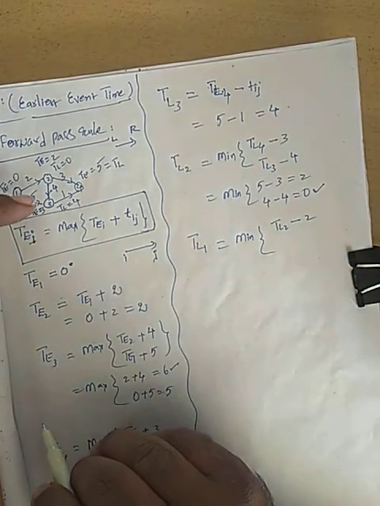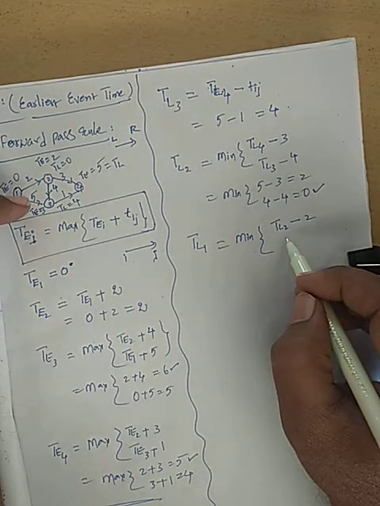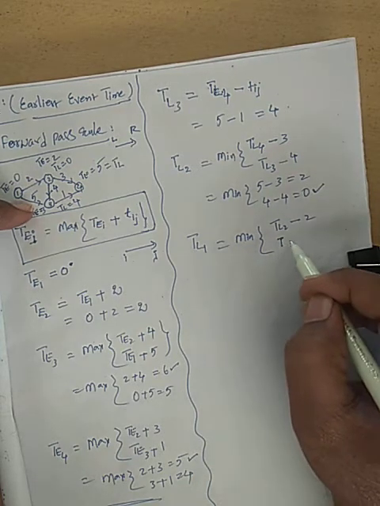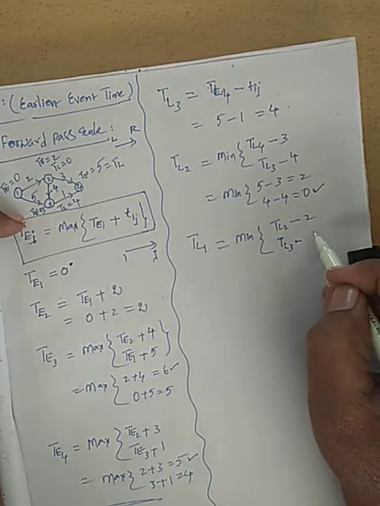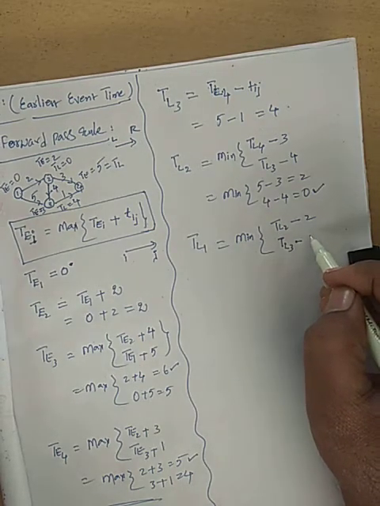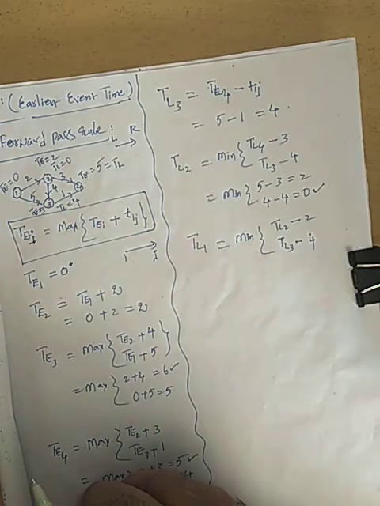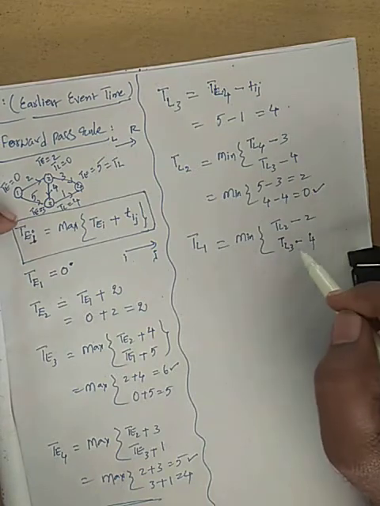First one. The next one is TL3 minus 4. Then TL4 minus 4.